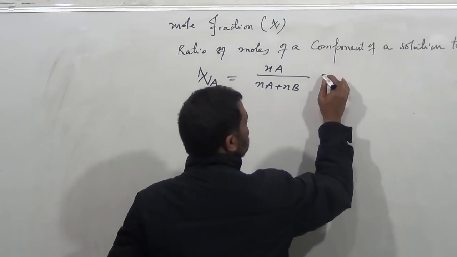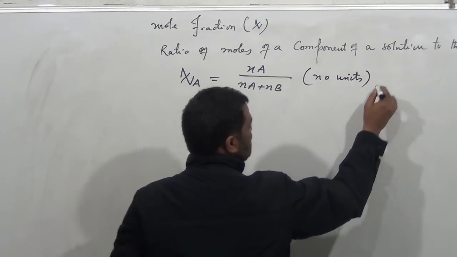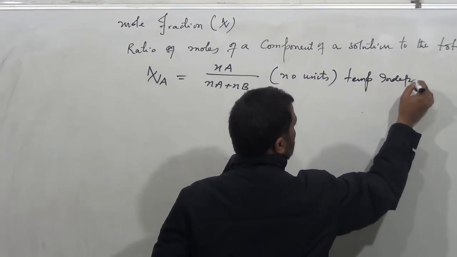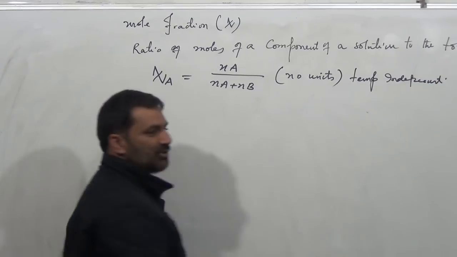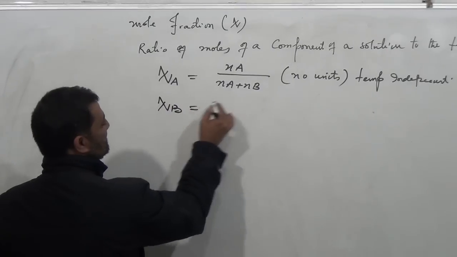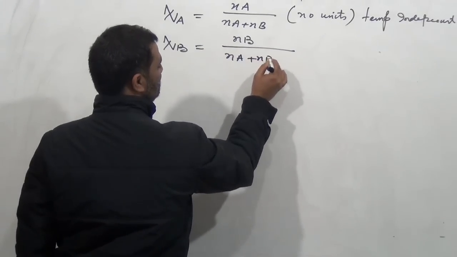It is a dimensionless quantity, that is, it has no units because it is a ratio. And this is temperature independent because by changing temperature, the number of moles never changes.